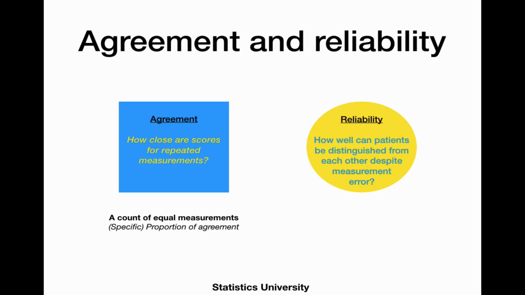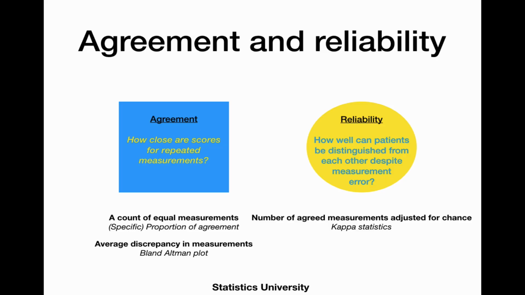In statistical terms, we can look at agreement with a count of equal measurements, that is called specific proportion of agreement. And we can look at the average discrepancy in measurements with something called the Bland-Altman plot. For reliability, we can look at the number of agreed measurements adjusted for chance with the kappa statistics. And we can look at the between individual variation as a proportion of the total variation with the interclass correlation.